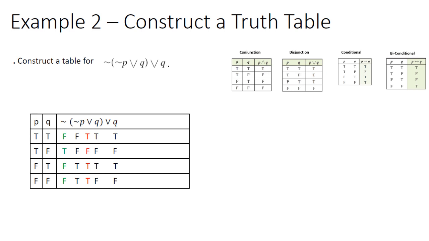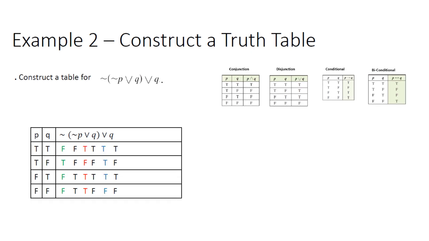Since there are no symbols next to Q other than the OR, which I'm going to do later, I copy exactly the same values that Q has. Then to compute that OR, I'm going to use green in my rightmost column, the last set of letters that I did for Q. Remember, since it is an OR symbol, it's true when at least one of them is true.